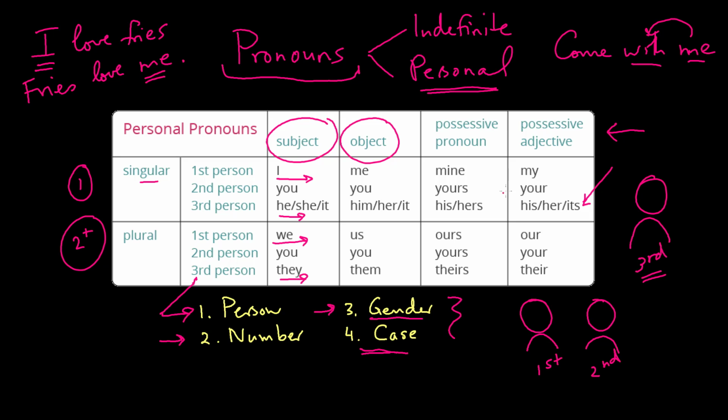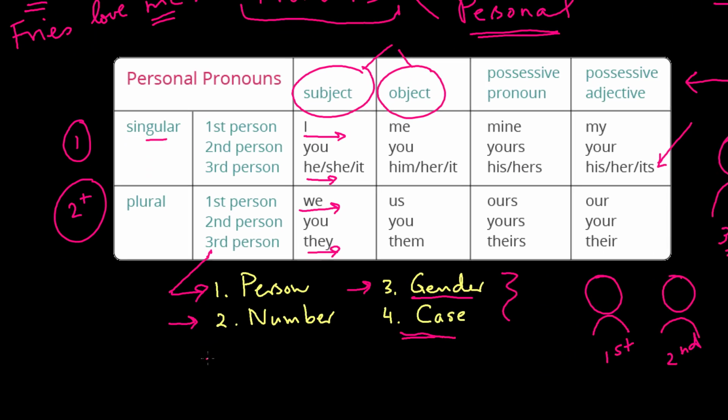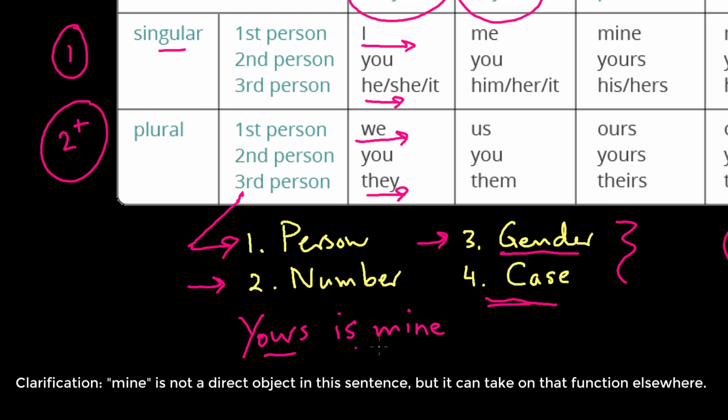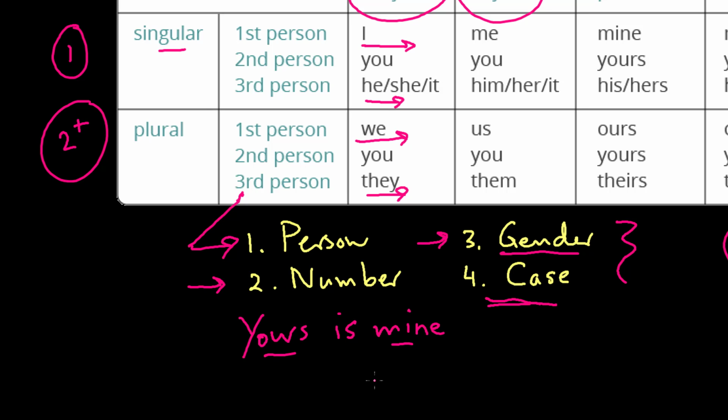And possessive pronouns can be either a subject or an object. Either one is fine for these. So if you were to say, for instance, yours is mine. I know this is kind of an awkward sentence. Yours is mine. And mine is yours. You can see you can switch these around quite easily, and either one can be the subject.